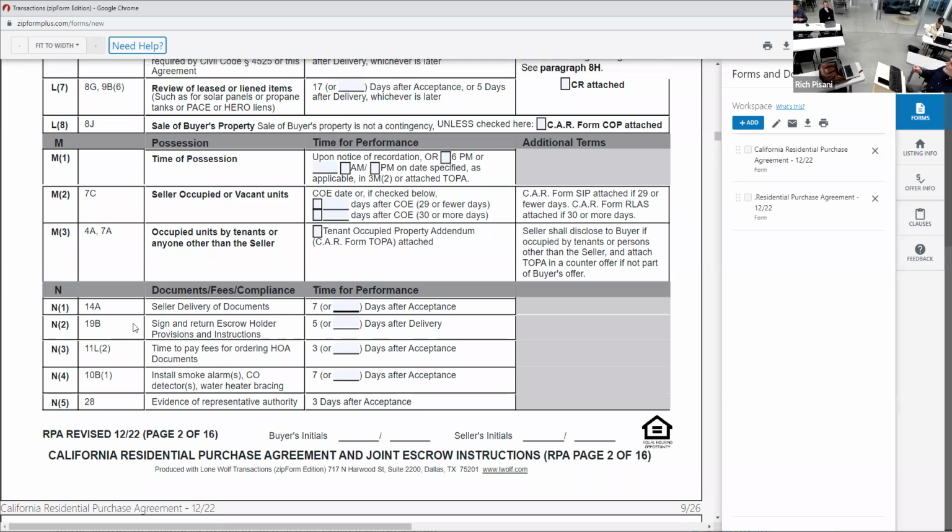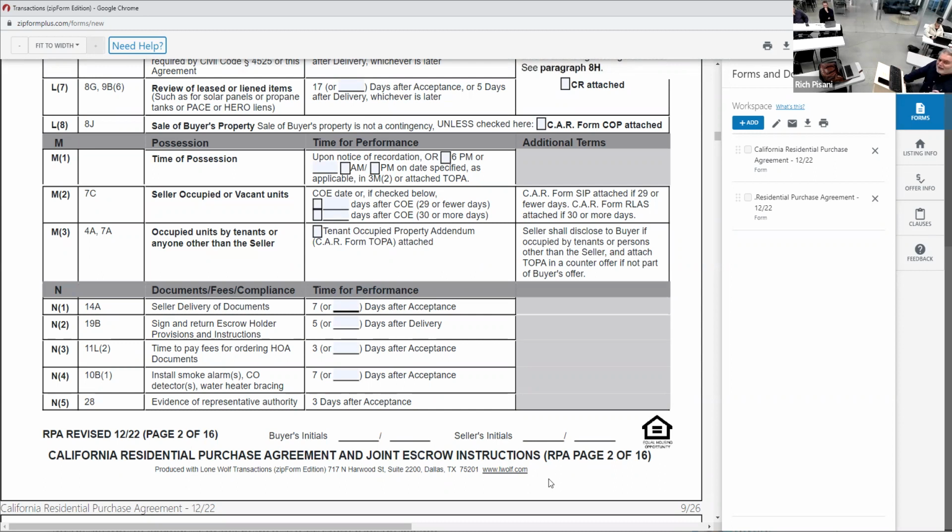Part of escrow's job is to make sure that the person who says they're selling and the person who says they're buying are actually the people that can buy or sell. And you're talking about the right people. So they've got some background checking to do.